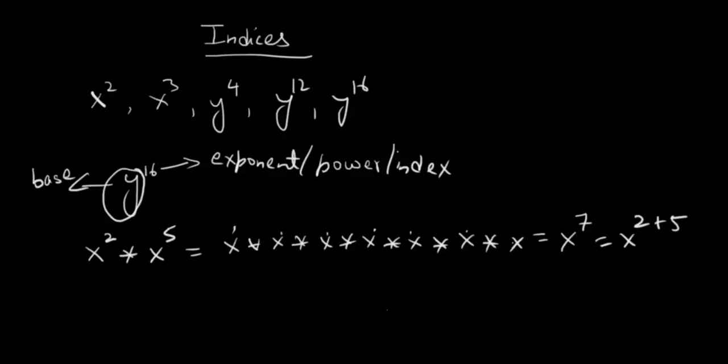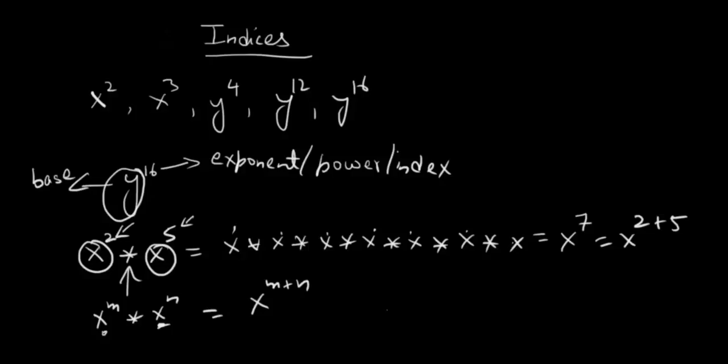When the bases are the same, we can add the indices up when there is multiplication between them. So when xm times xn, the base x and the other base x are the same, so the answer will be x to the power m plus n. The rule is we will simply write the base only once in the answer.